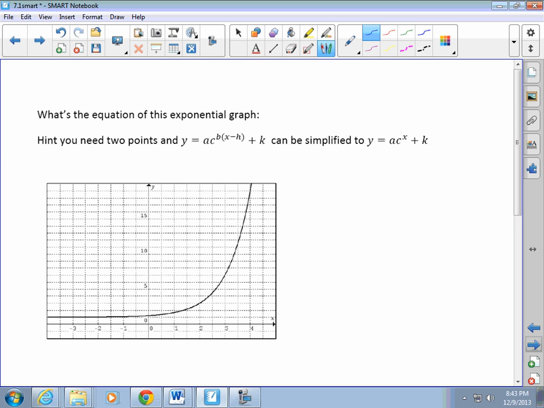So if I take a look at this, I know in my normal graph, if I just had y is equal to, sorry, not a to the x, c to the x, whatever that is. So if it was a base of 1, a base of 2, base of 3, doesn't really matter.